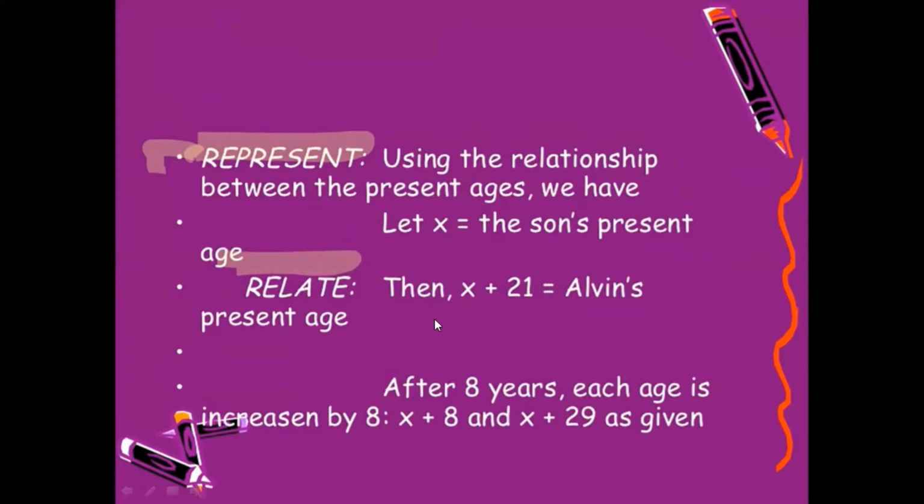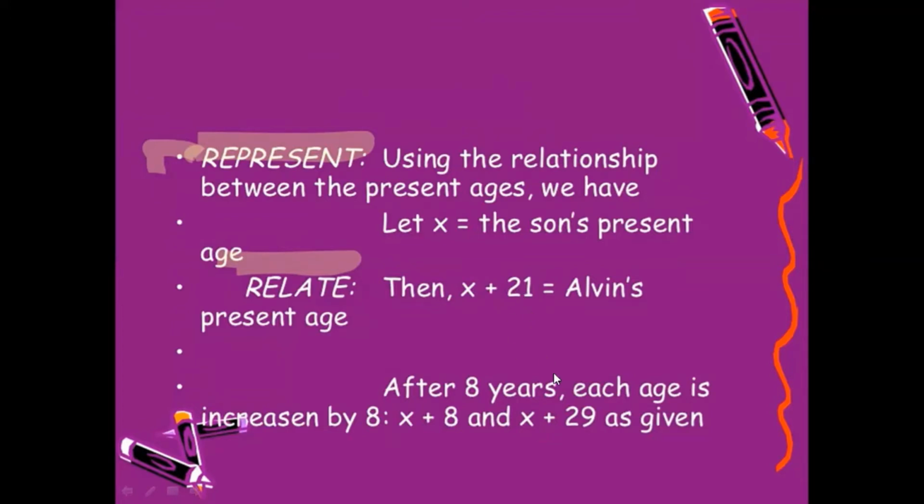These are the present ages, X and X plus 21. After 8 years, as I told you in the earlier slide, the time span will affect everybody in the story. So we will have to add 8 more years to the son's age as well as to his father's age.